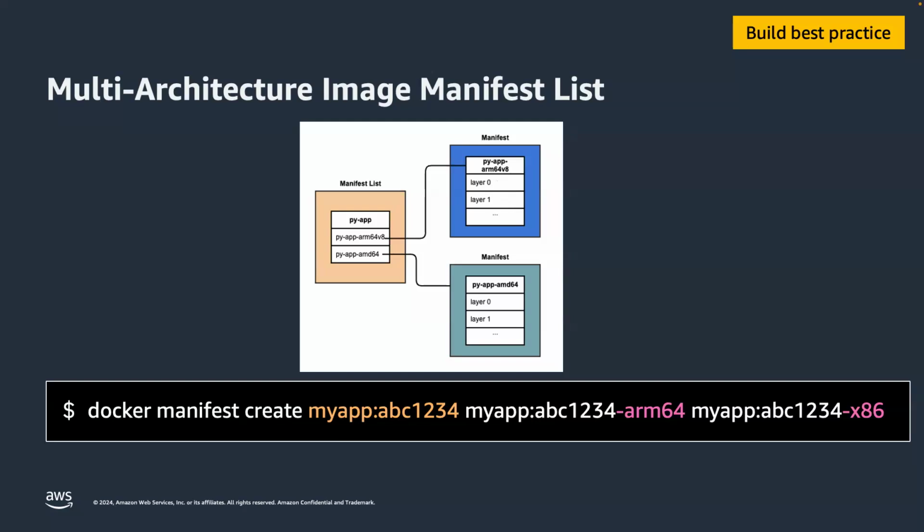But why do we want to create this multi-architecture image? It's just so that we can continue to use the same image name and image tag. When we deploy this image name and image tag, we don't have to specify, hey, I want to use the x86 image, or I want to use the ARM64 image. I just have to give the same image name and tag, just like what I'm doing today.